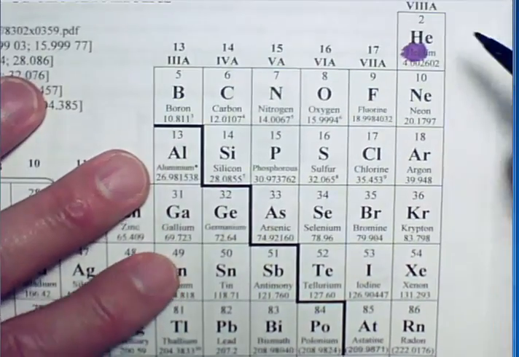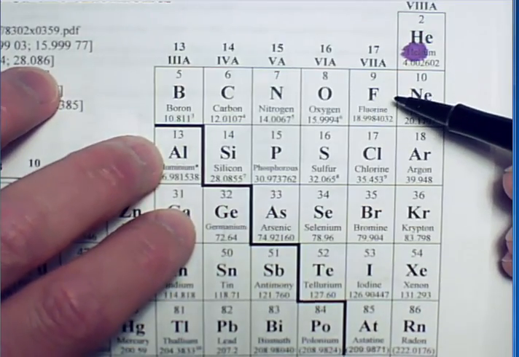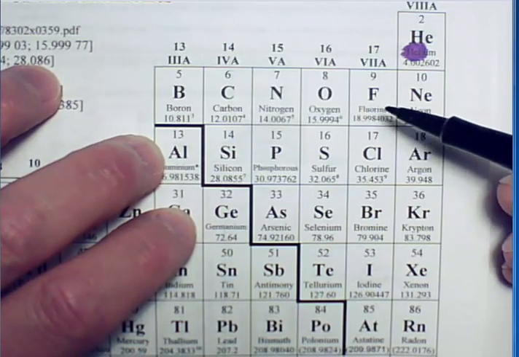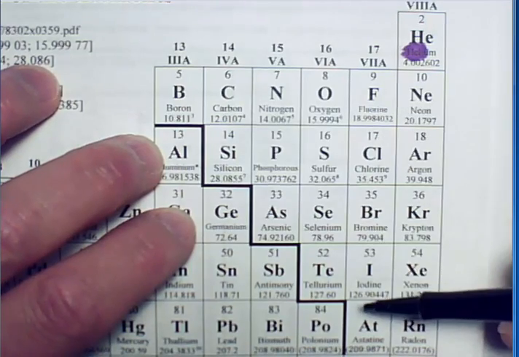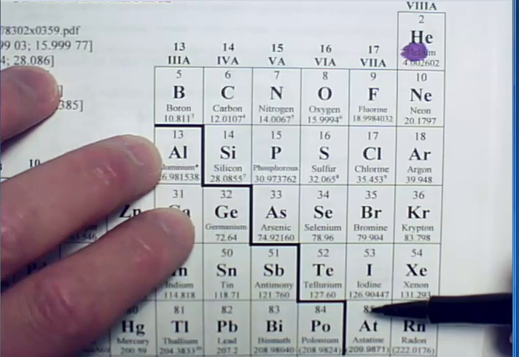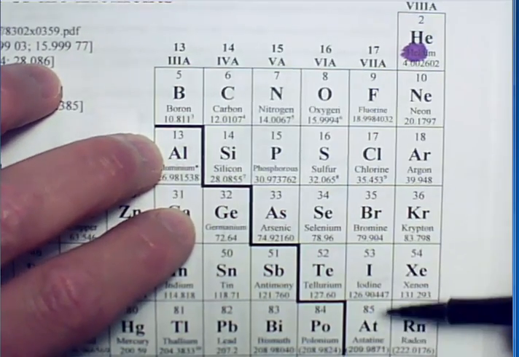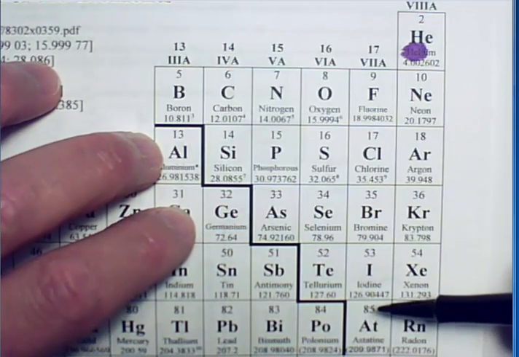Okay? Now, here's what happens. The atoms in this column right here, what we called a while ago the halogens, in simple, what's called binary compounds, tend to gain only 1 electron.